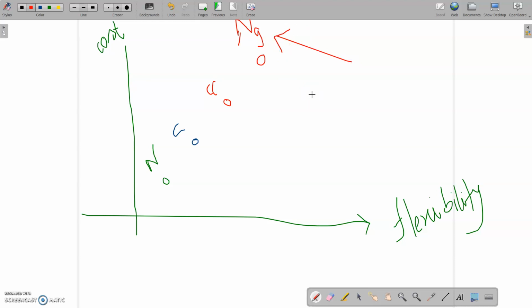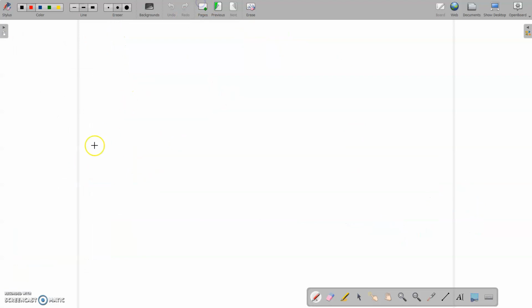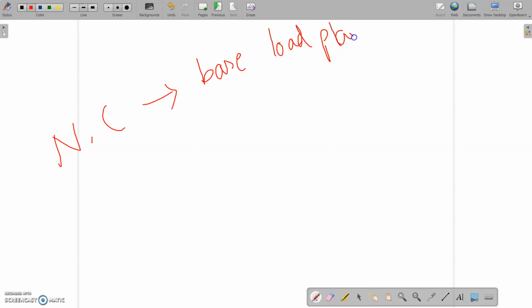Okay, so to have a very good management system, what we do here is that the nuclear plants and the coal based plants, we call them base load plants. Okay, these are base load plants. They are to supply the base load, the base load that you need every day.